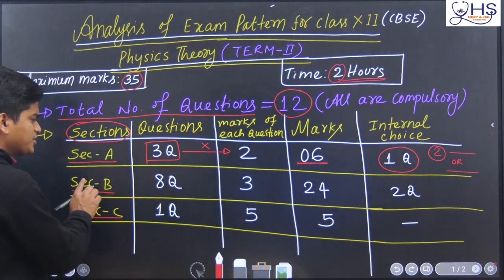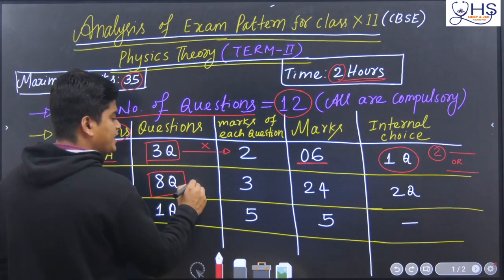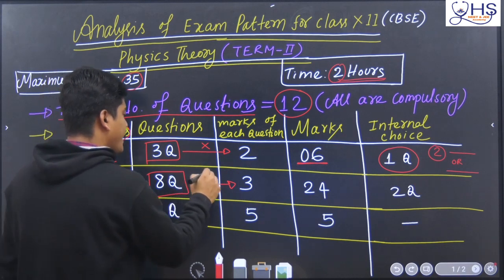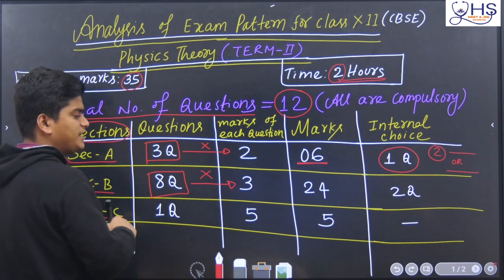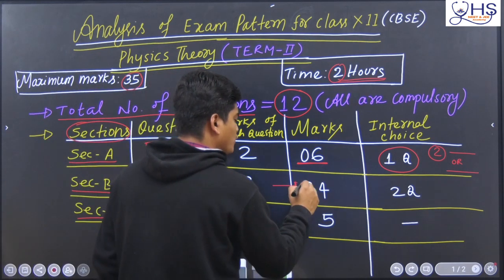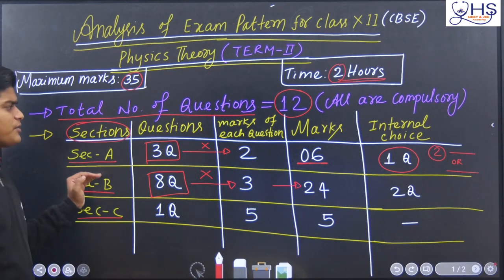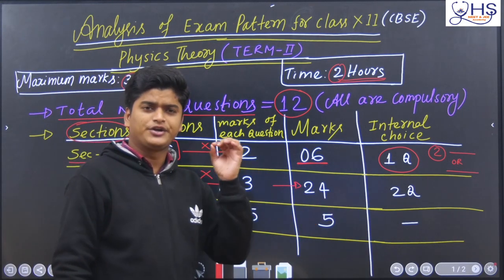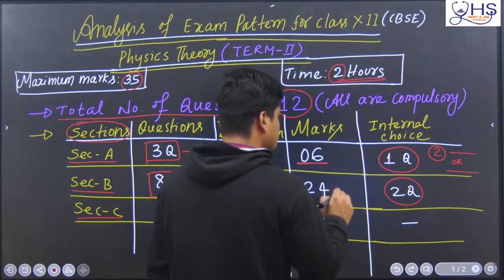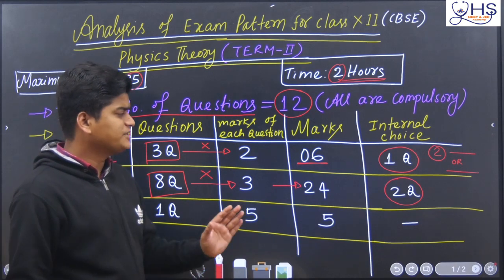Now section B will come. There will be 8 questions and each question carries 3 marks. So 8 into 3 will come to 24. So the total from section B will be 24 marks. And here also you will have 2 internal choice questions.